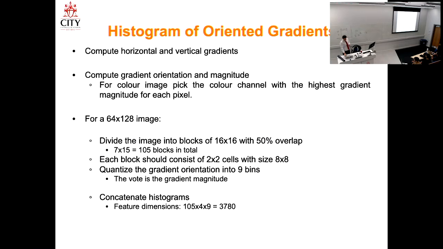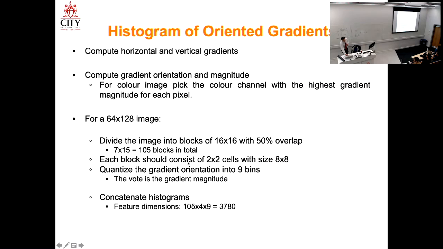So what we do here for HOG, for example, if I have a 64 by 128 image, I divide the image into blocks of 16 by 16. This is one implementation. You can have your own implementation. I divide the image into blocks of 16 by 16 with 50% overlap. So in this case, if I have a 64 by 128, I'm going to have 7 times 15 blocks, which is 105 blocks.